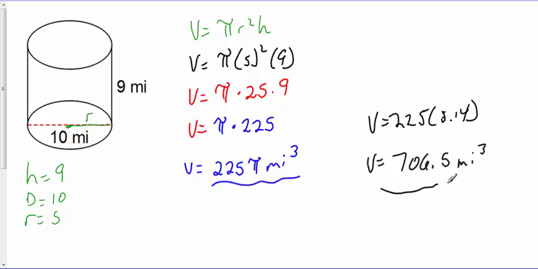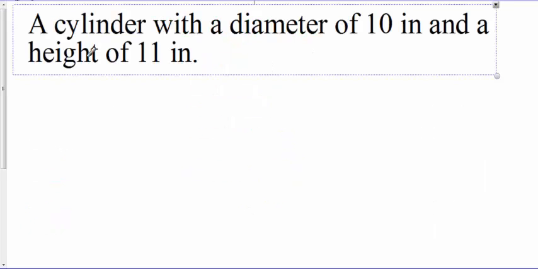This is with pi already calculated, and the other is in terms of pi. So they may ask you either way. I would like for you to give me this answer and then provide that answer. Both answers are needed.